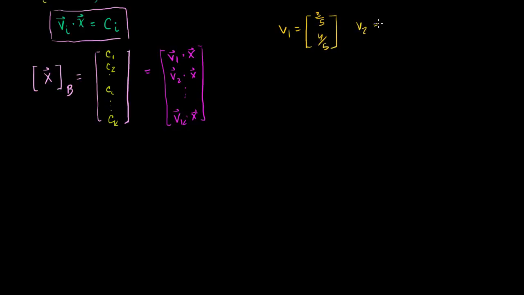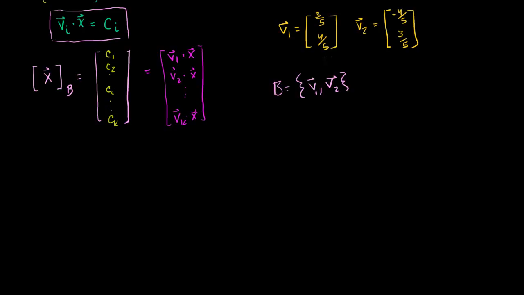And that v2 is equal to minus 4/5, 3/5. And let's say that the set B is comprised of just those two vectors, v1 and v2.